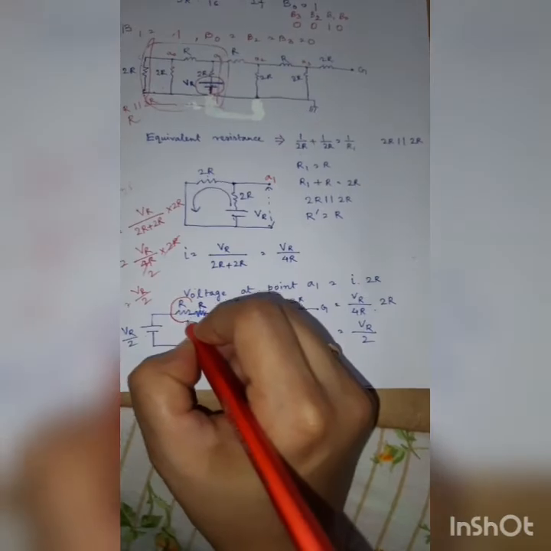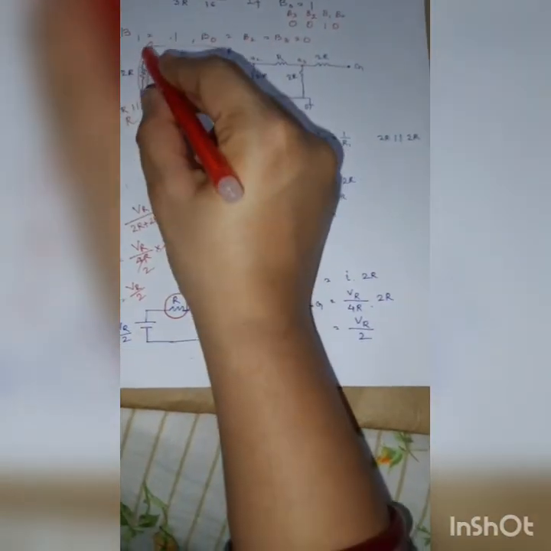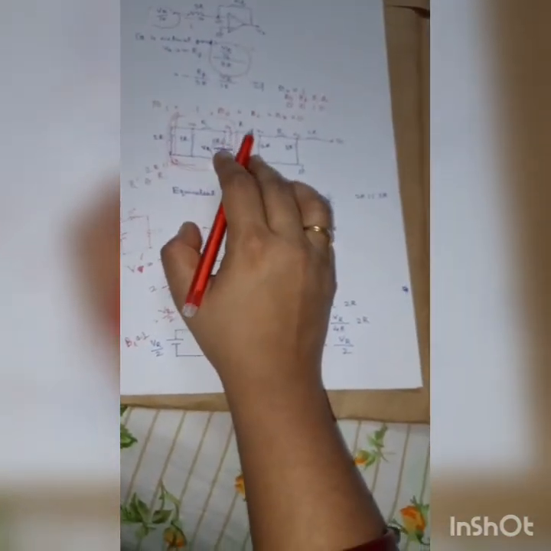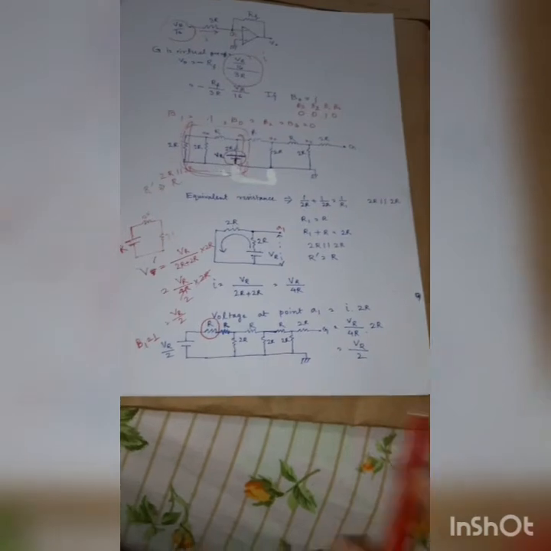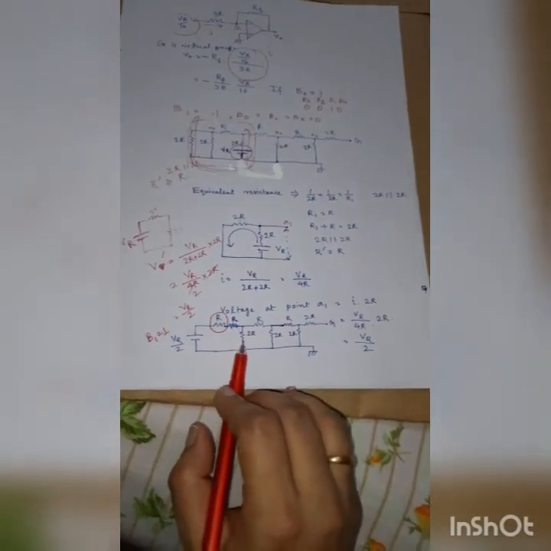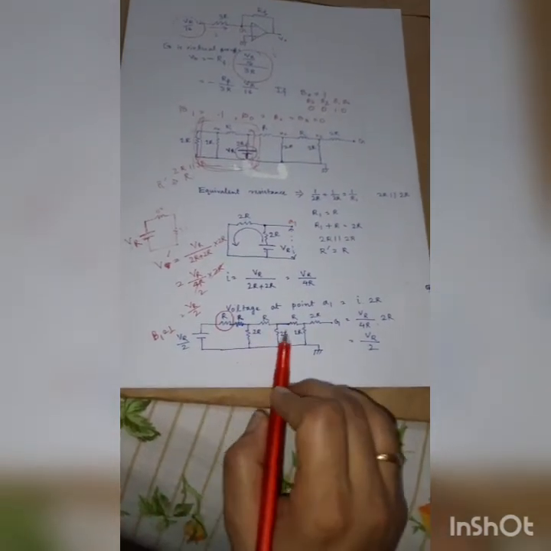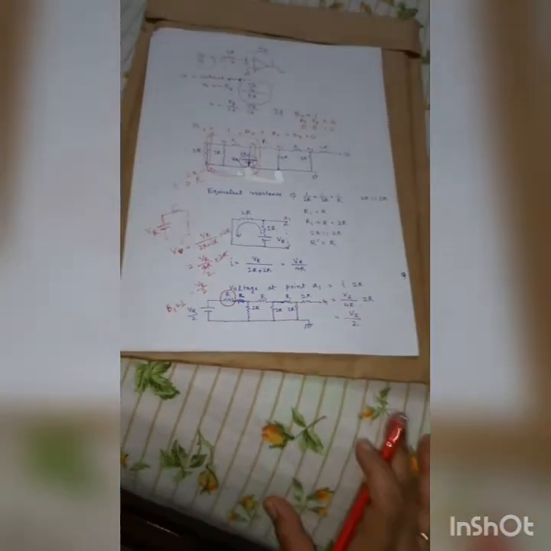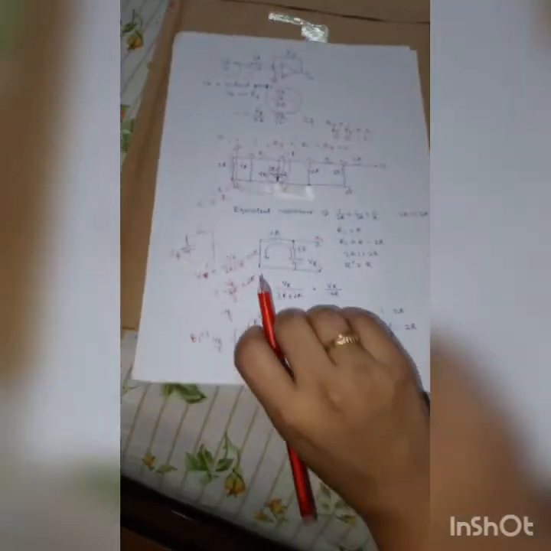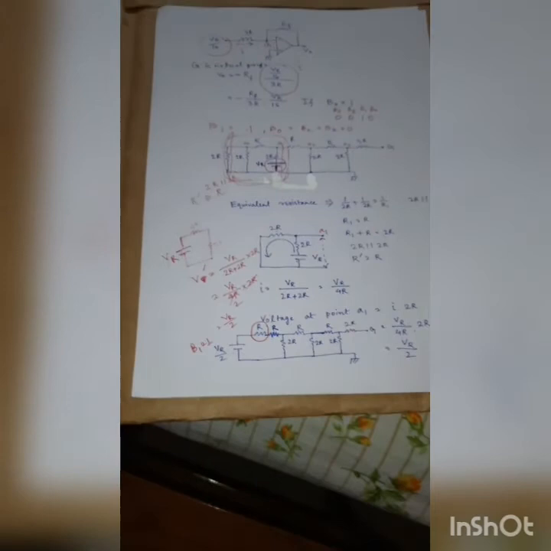This resistance is the equivalent resistance for this part of the circuit, right? And then from there, the R is connected in series, R and then 2R, then R, then 2R, then R, and then 2R, and then 2R, and again this will look like this.